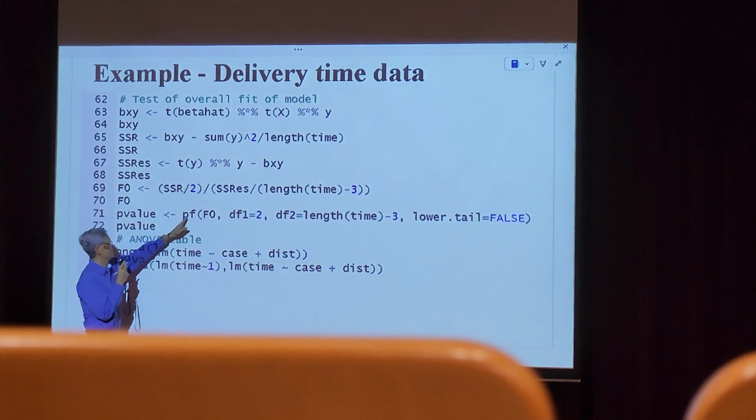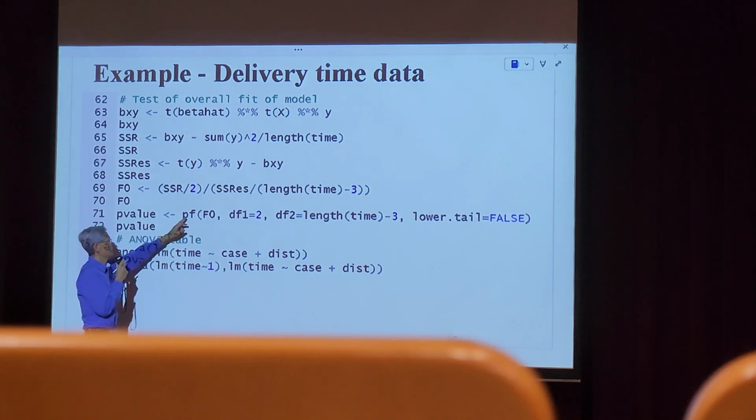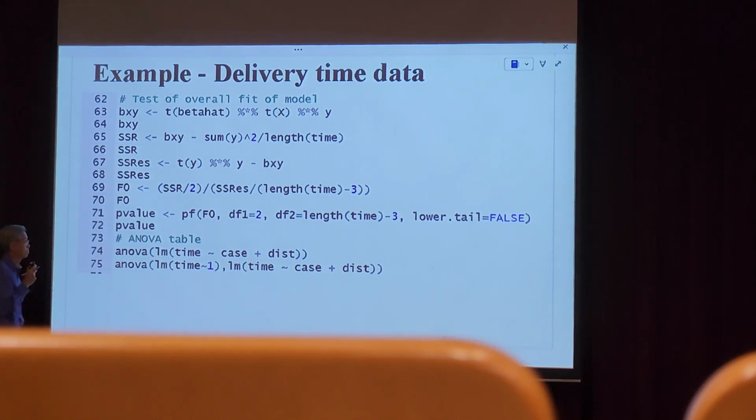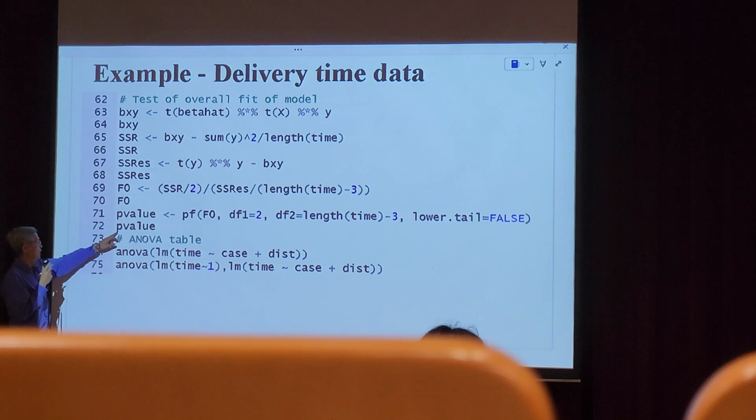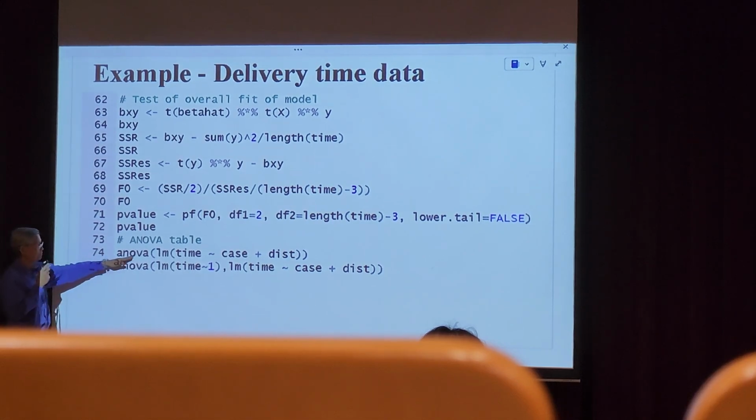Then, using pf, this calculates the p-value based on the F distribution. You can search for pf and try to understand it a bit. Type question mark pf and it will show you. This is for those who want to practice manipulation of data. If not, you can go straight to ANOVA.